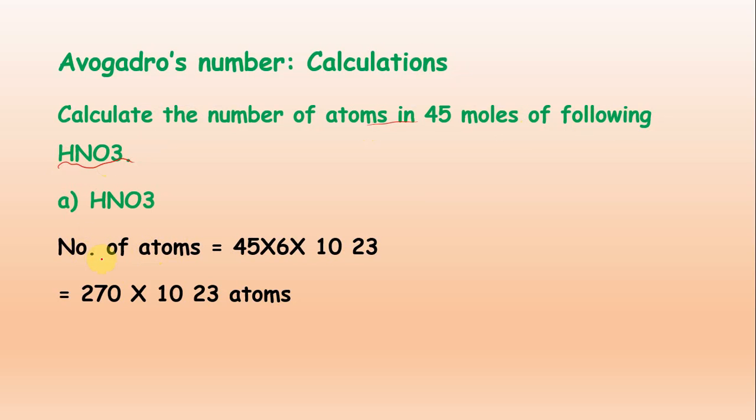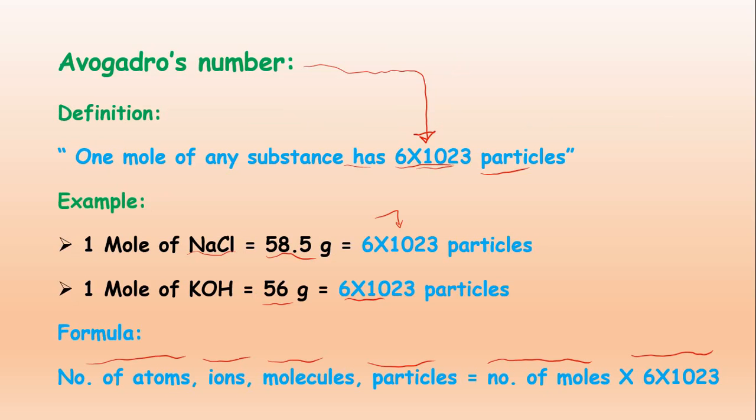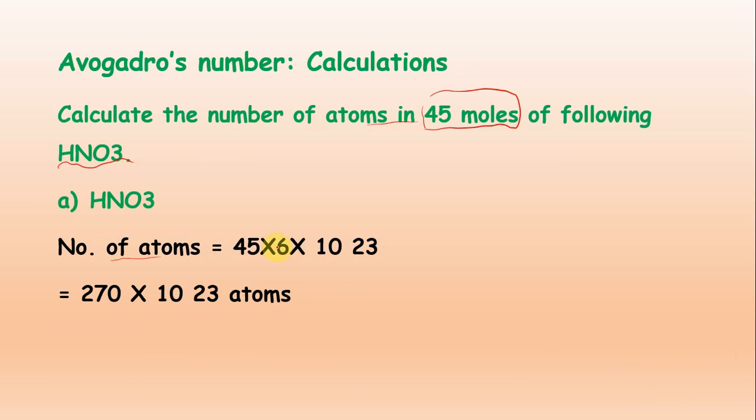The number of atoms is equal to the number of moles given in the question, multiplied by the constant number 6 × 10^23. Look here, I have multiplied 45 with 6 × 10^23. The answer will be 270 × 10^23, right?